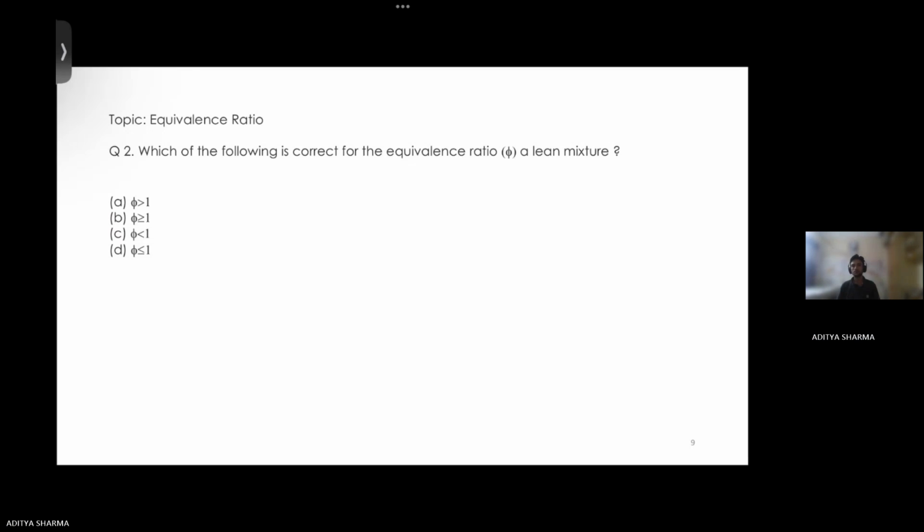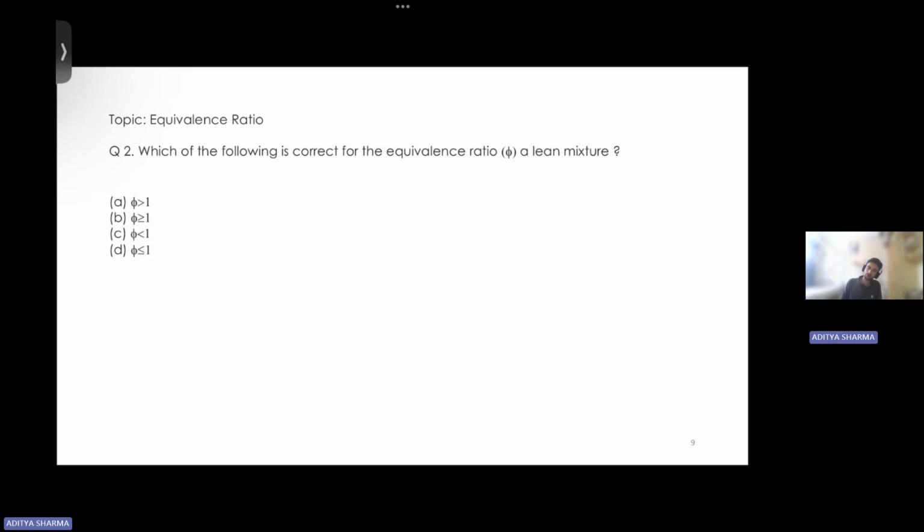So you can try to answer this. So this is a question on your equivalence ratio.